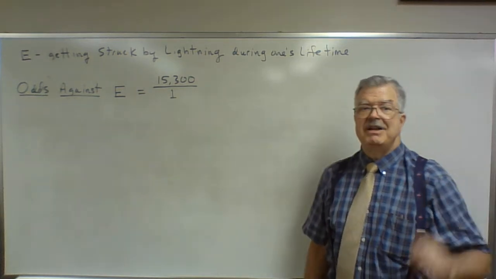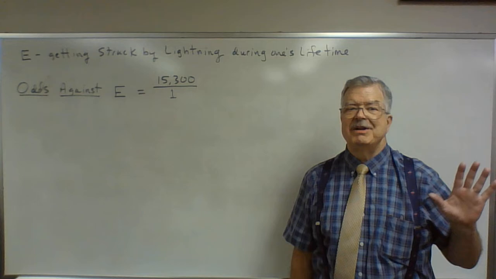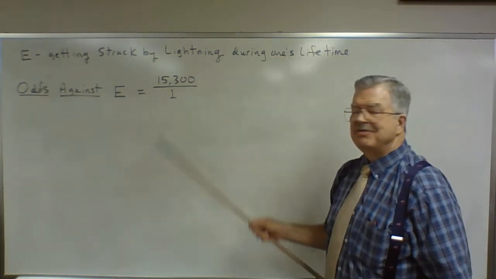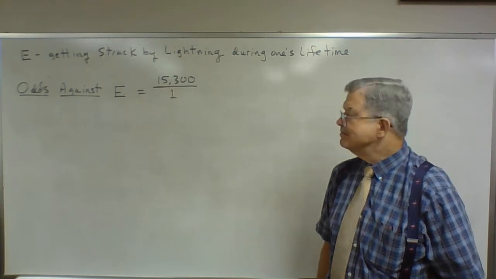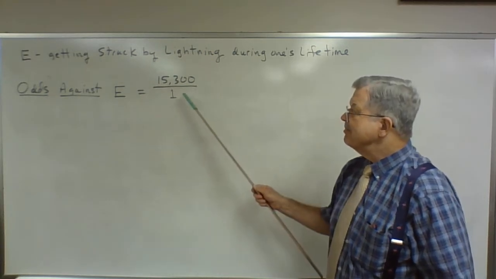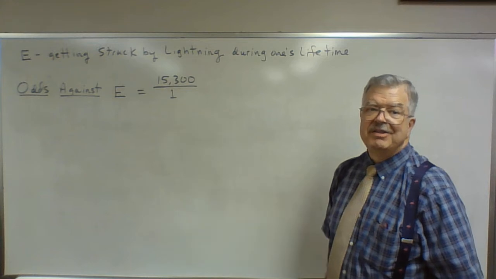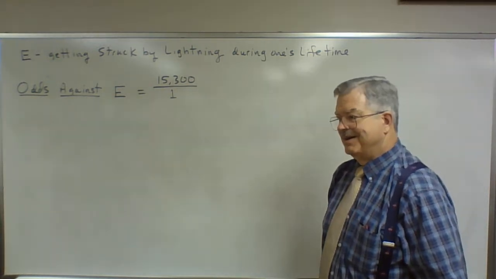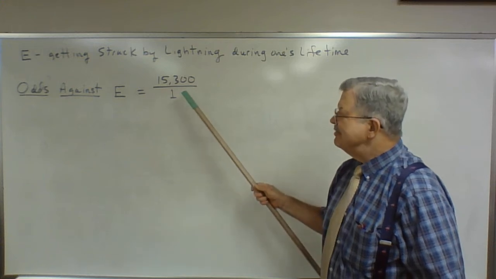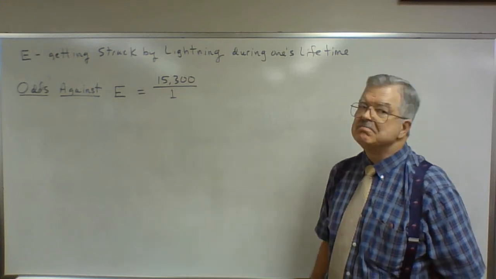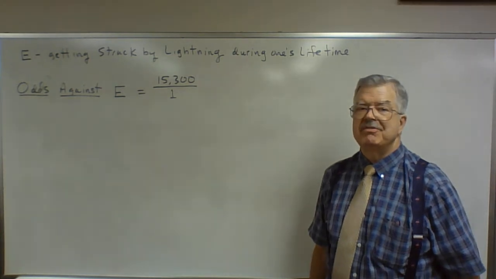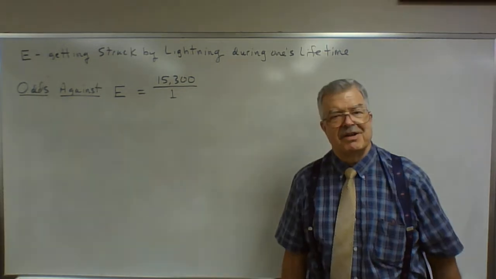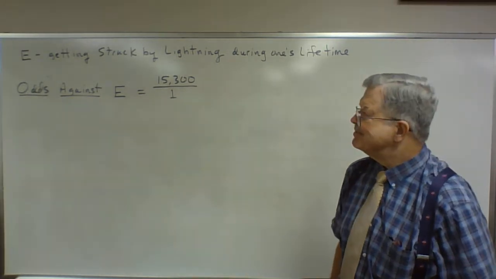Now, I found that kind of shocking. I would have thought it would have been closer to 1,000,000 to 1 than 15,300 to 1. But apparently, and these are real statistics, the odds against a person getting struck by lightning are only 15,300 to 1. I guess the next time I'm outside during a thunderstorm, I better seek cover.